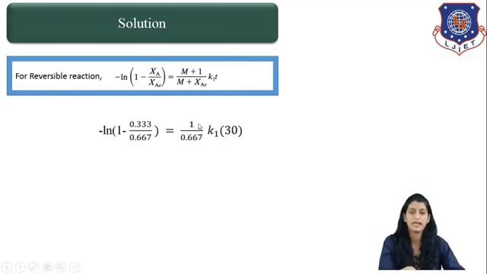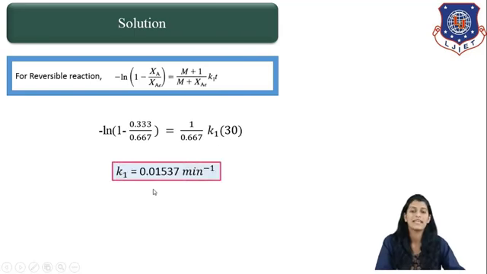XA equilibrium is 66.7%, so it will be 0.667. So minus ln of (1 minus 0.333 upon 0.667) equals 1 upon 0.667 times K1 into time, which is 30. Once we solve it, we get the value of K1 as 0.01537 minute inverse.